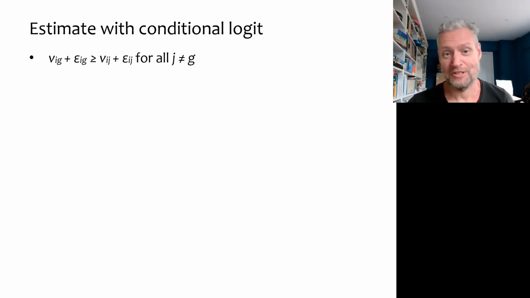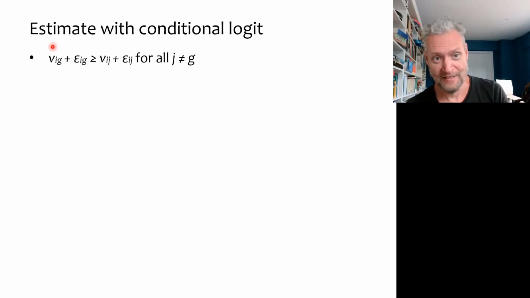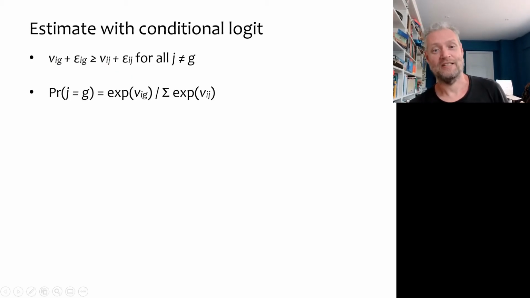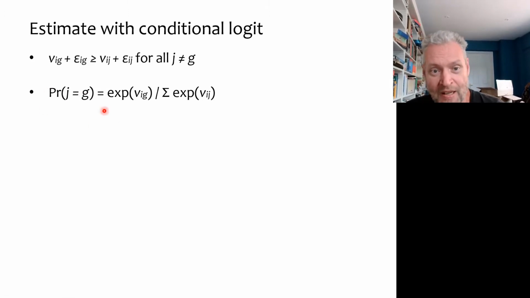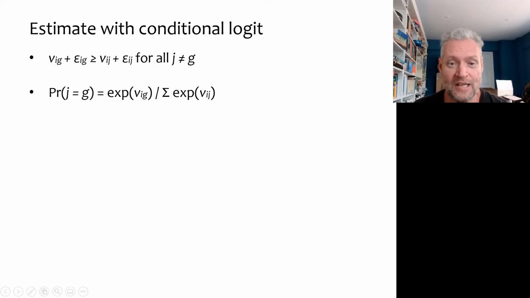And if we assume that Gumbel distribution, then this condition, that total utility, deterministic plus random, is greater than total utility for other sites, implies that the probability of going to site G is the exponent of the deterministic part for site G over the sum, over all alternatives, of the exponent of the deterministic part for all possible sites that you could have gone to.